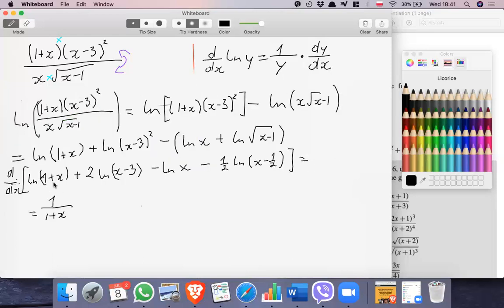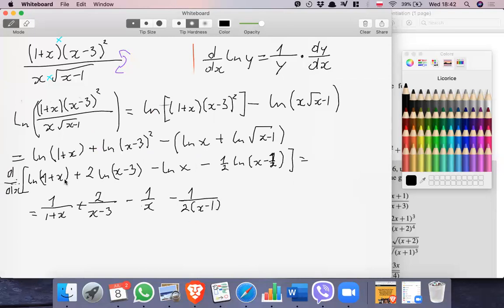That's the derivative of whatever is inside the function, which is simply 1, divided by 1 plus x, plus 2 divided by x minus 3, minus 1 over x, and then finally minus, that actually should be minus 1 over 2 times x minus 1.